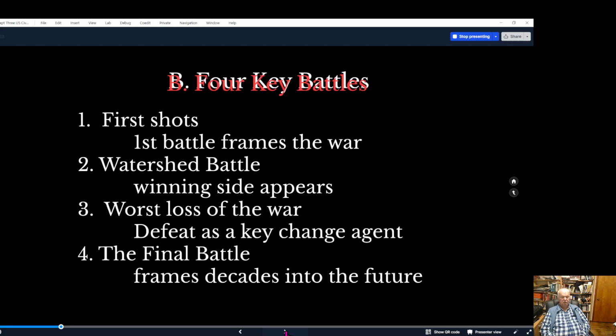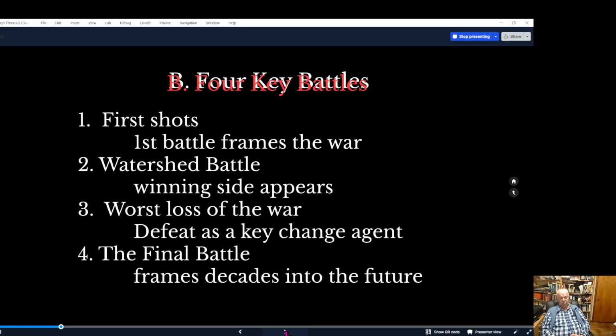And then the other attribute we're looking for is what was the worst loss of the war? In many, many cases, when a nation loses a battle, it becomes a key change agent in how the war goes forward, because a key function of defining a winning side is the winning side learning from its mistakes and changing in relationship to those defeats and making itself greater as a result of that.